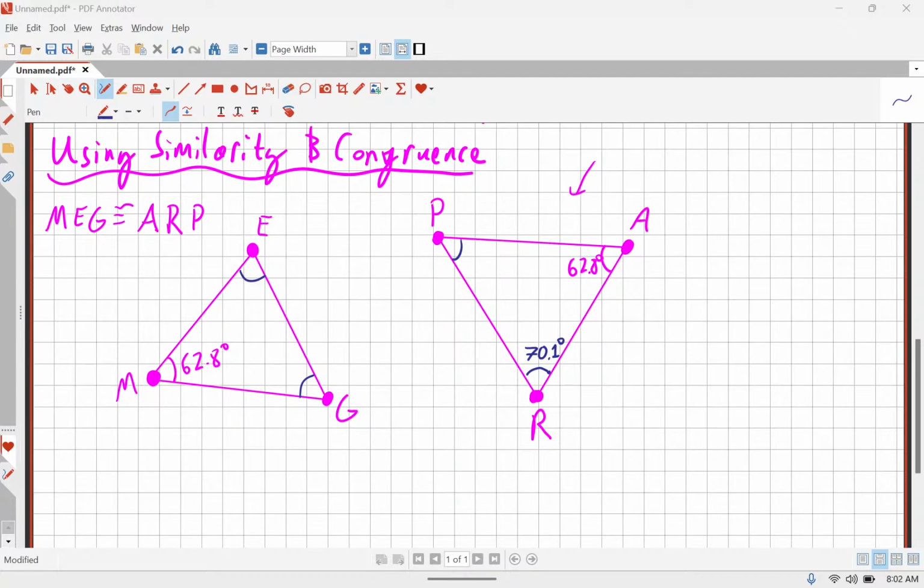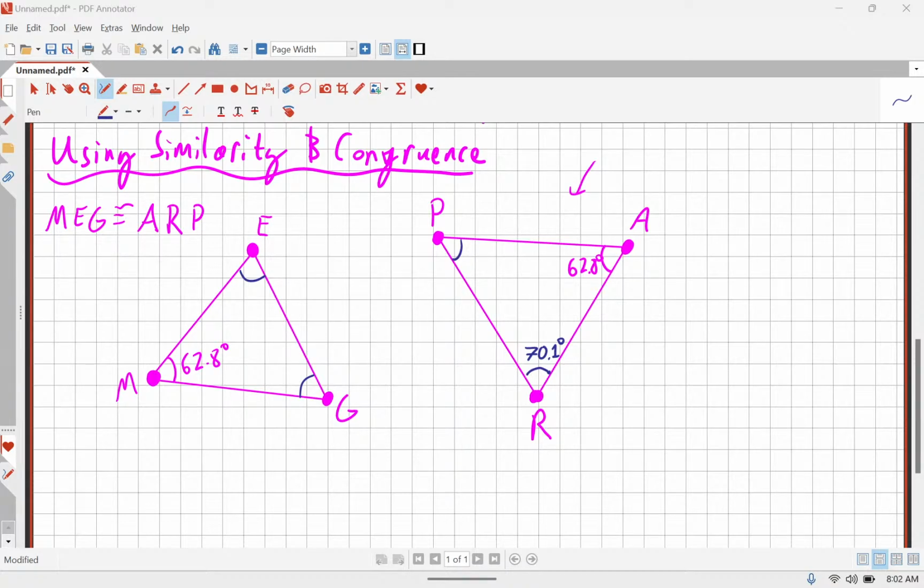Okay. All right, guys. Can I get you back up here in 5, 4, 3, 2, 1? Let's see here. James, which of these angles made the most sense to fill in now that I know that the measure of angle R is 70.1 degrees? P? Okay, and what was the measure of angle P?